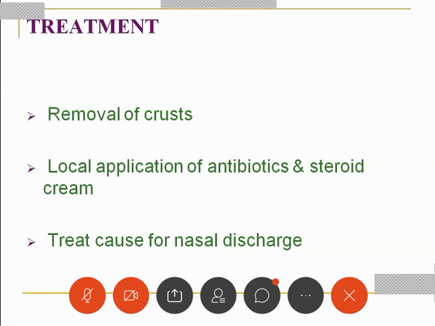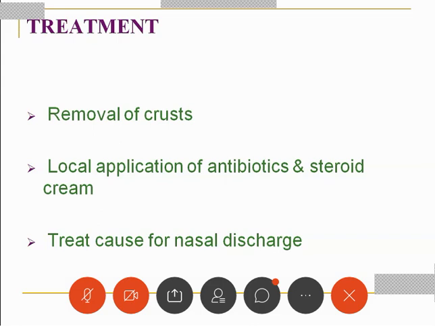And I feel that saline nasal drops also would help more in clearing the crusts instead of removing the crusts with forceps. If you put constant saline drops, that crusting will be reduced. Treat the basic cause for this chronic vestibulitis, like chronic sinusitis, chronic allergic rhinitis.